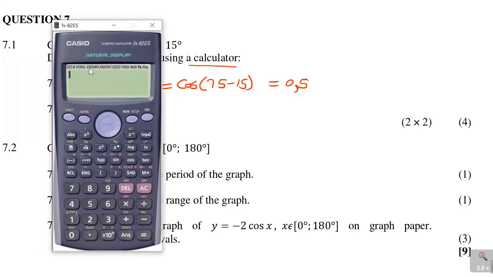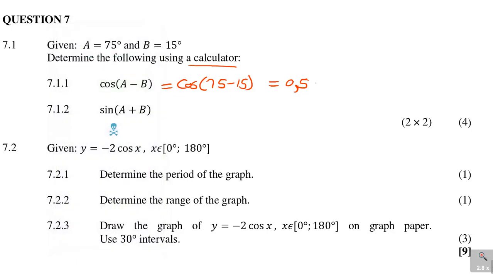So what you need to do is do it again. You say cos of 75 minus 15. Remember, you must leave it to 3 decimal places. So you say shift setup, there is 6 for fix, then you say 3 decimal places. You say 3, and you get 0.500. So that is what they can penalize your mark on.